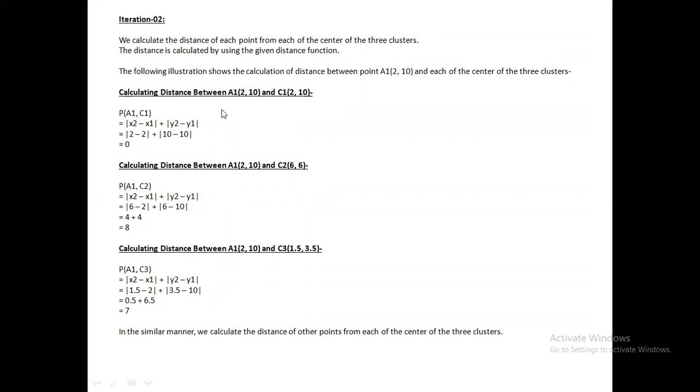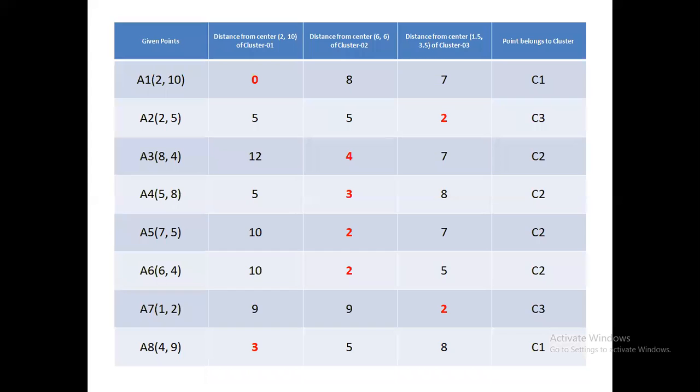First we calculate the distance between point A1 and the newly formed cluster C1, then between A1 and cluster C2, and similarly between A1 and cluster C3. In the same manner, we calculate the distance of the other points from each of the three cluster centers, and then make the table as we did in the first iteration.